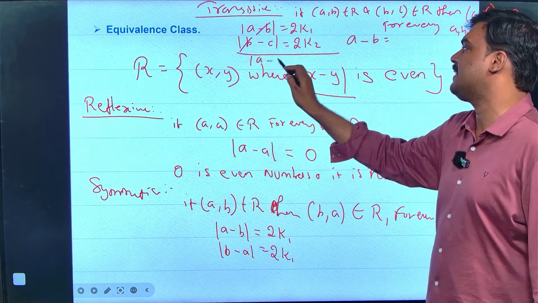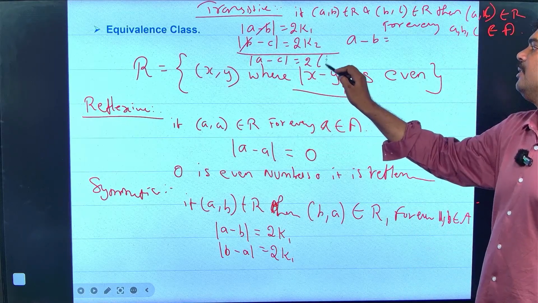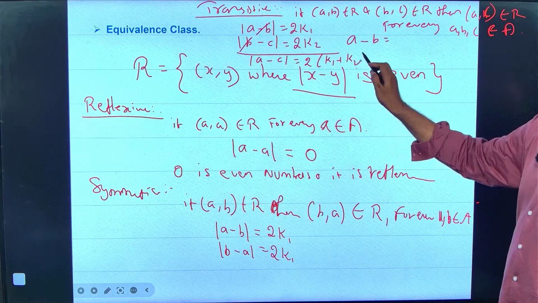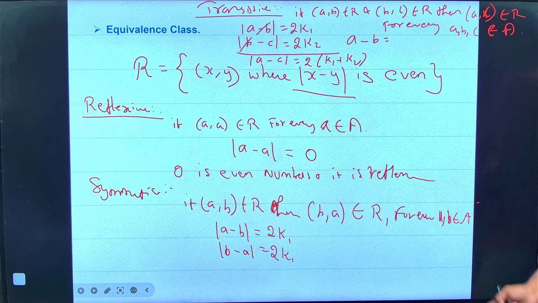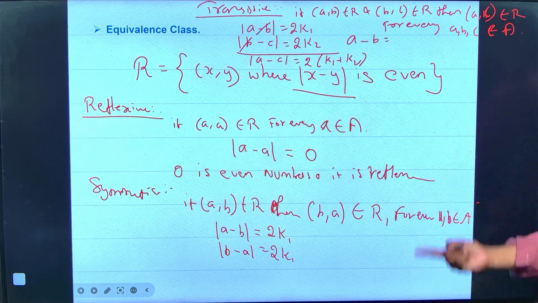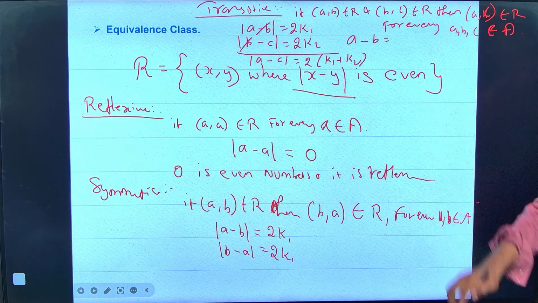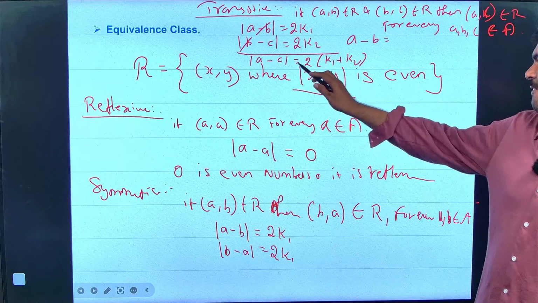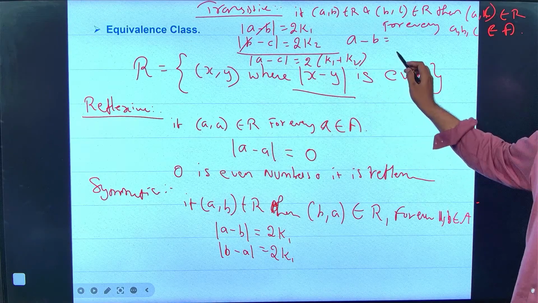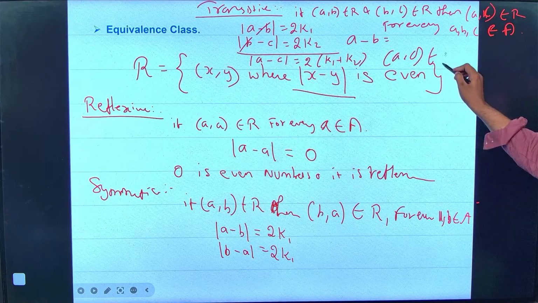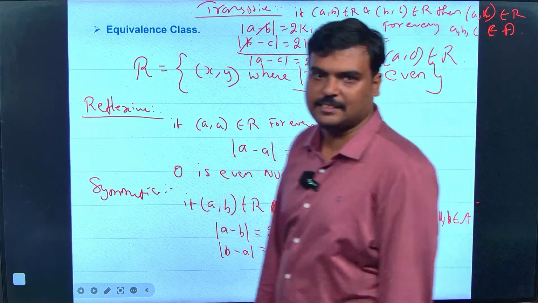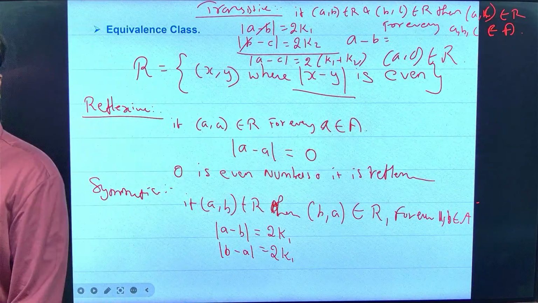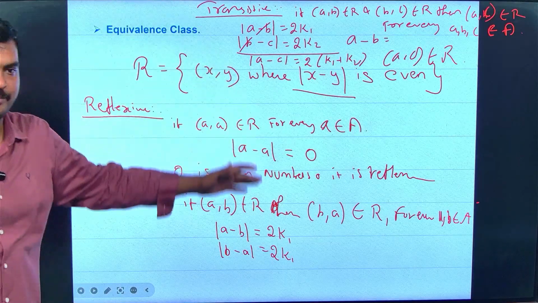So A minus C also comes as 2 into K1 plus K2. So we can conclude A minus C also is an even number. So this is transitive. A minus C is a difference of multiples of 2, so A comma C should belong to the relation.